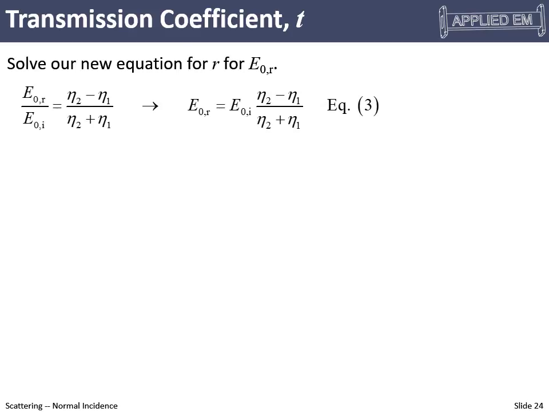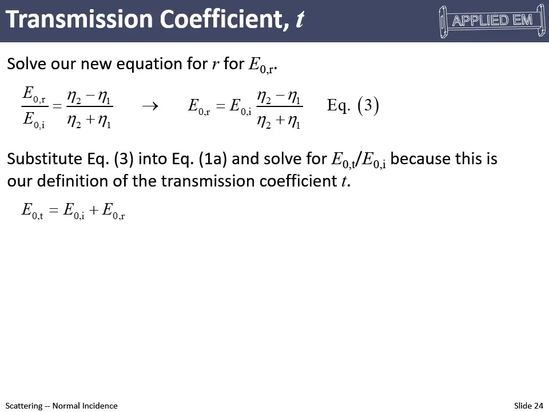Now we'd like to derive an expression for the transmission coefficient. So we start with the equation we derived on the previous slide and solve that for the amplitude of the reflected wave. Then we'll go back and start again with the equation that we derived from the electric field boundary conditions. Notice there's this amplitude of the reflected wave here.